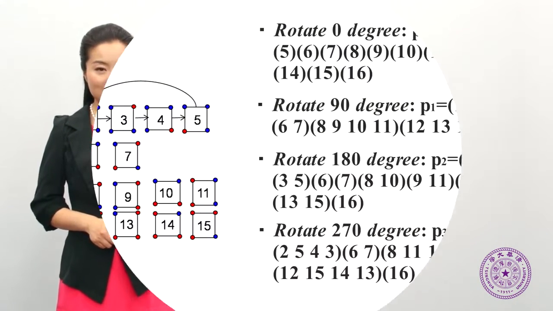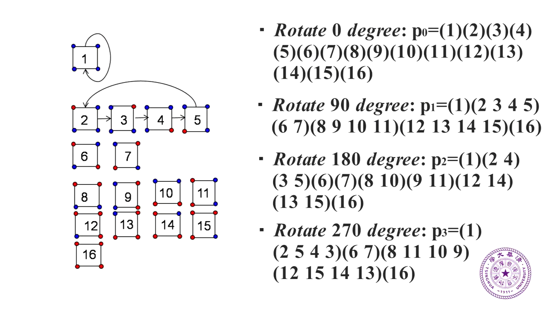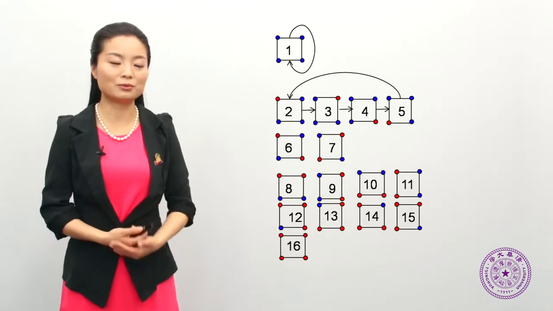Let's look back at the coloring problem. What kind of regular pattern does the stabilizer contain? Similarly, corresponding to P0, P1, P2, P3, which permutations make image 1 unchanged?